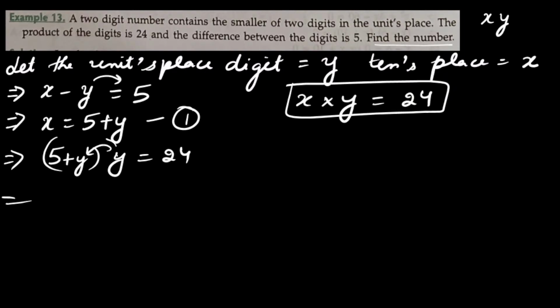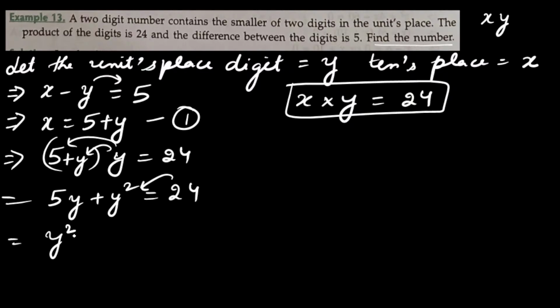Now we can multiply this. So 5 into y is 5y. Y into y is y square, equals 24. Let's shift 24 to this side. So here I am rewriting it in this way: y square plus 5y minus 24 is equals to 0. We can create a quadratic equation and use the quadratic formula. Yes, you can also use the quadratic formula.